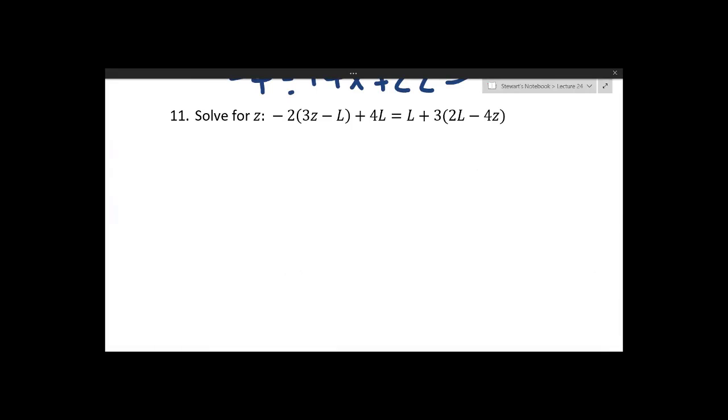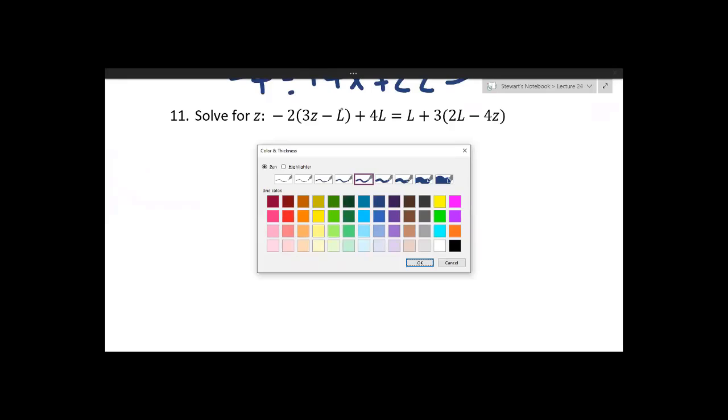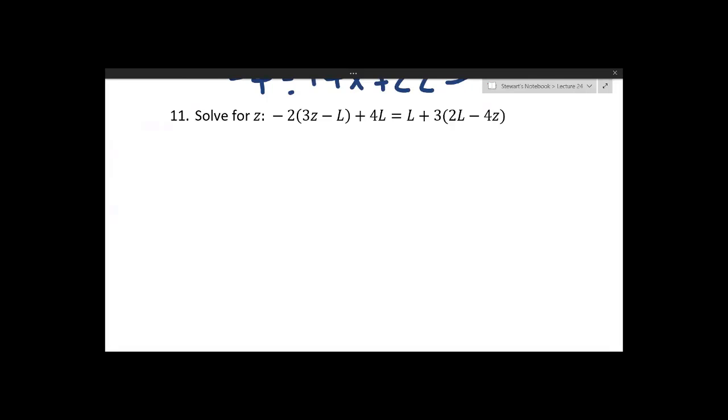Okay, so we have to solve for z, and there's multiple variables, but just know that we're solving for z, so you can treat those variables just like other numbers in the equation. Okay, so same type of setup like we had last time. I'm gonna distribute those numbers into the terms in parentheses first, just so that we can combine like terms and make it easier to solve.